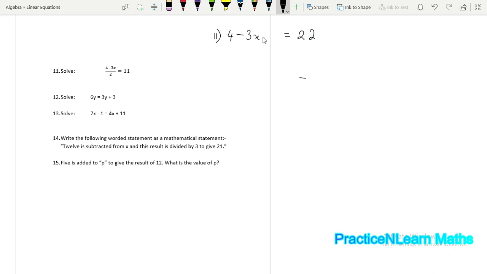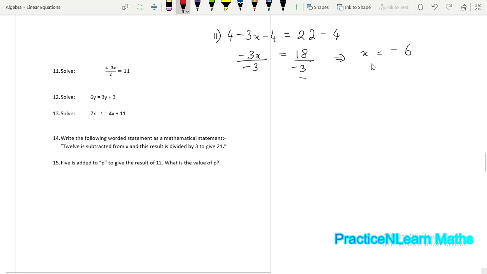We subtract 4 from both sides. We get minus 3x is equal to 18. We divide both sides by minus 3. We get x is equal to negative 6. That's the answer.